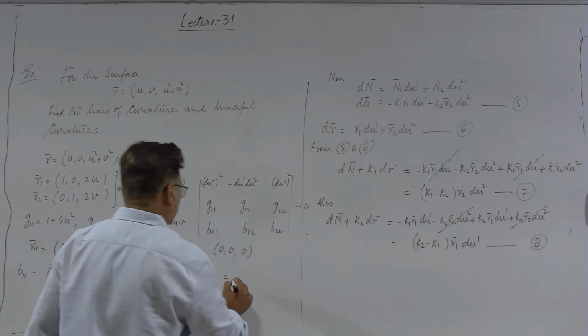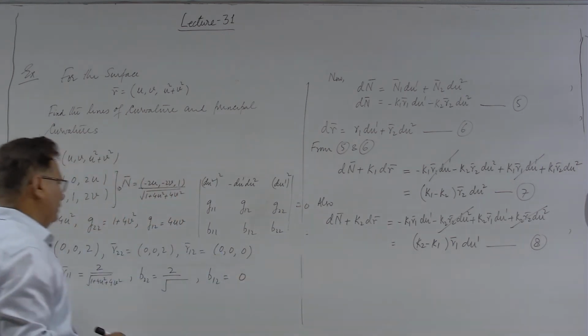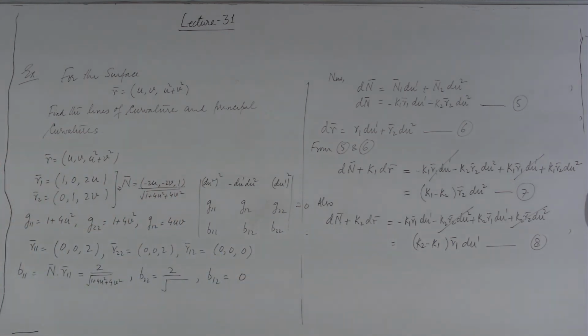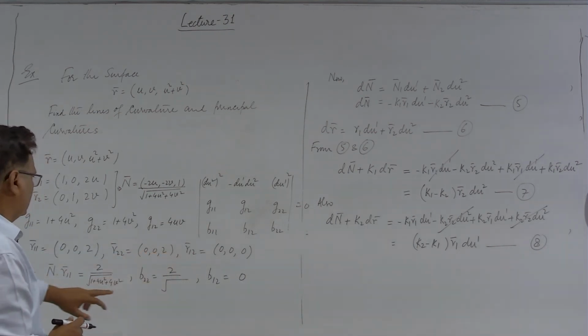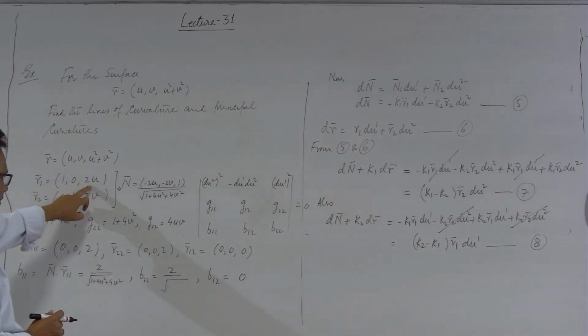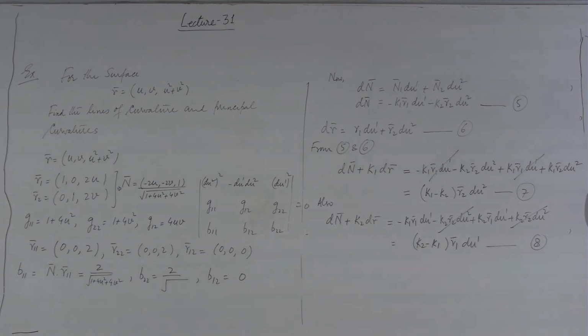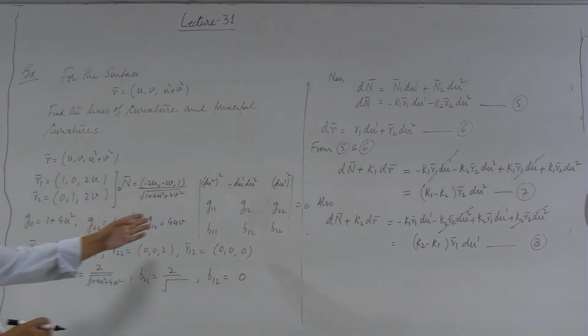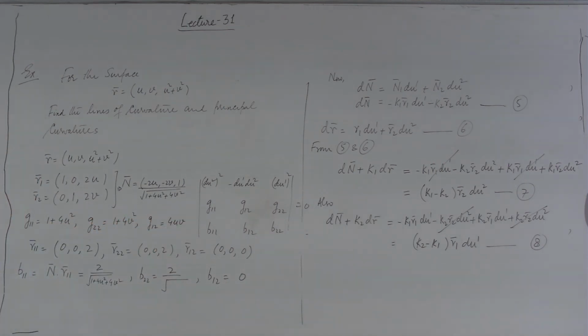So, this B12 is 0. You are differentiating with respect to V, that is right. So, we have got all the elements of the determinant.